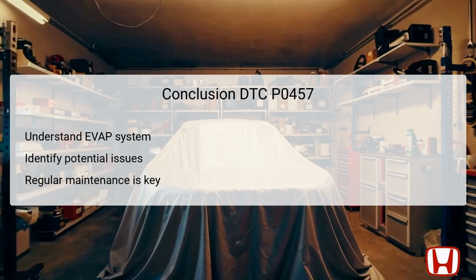In conclusion, understanding the DTC P0457 and its implications is essential for maintaining the Honda Odyssey's performance and compliance with emission standards. The EVAP system plays a crucial role in preserving fuel vapor and mitigating emissions. So, recognizing potential issues early on can save time and costs associated with repairs.